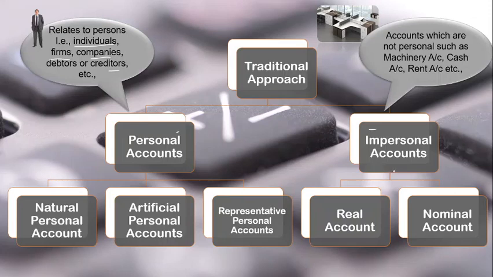Say machinery account, expense-related accounts like wages account, rent account, cash account; all these are non-personal, or impersonal accounts. The personal account is categorized into three, which we are going to understand in the next slide. And impersonal is again of two types, real and nominal. So mainly the rules are for personal, real and nominal.